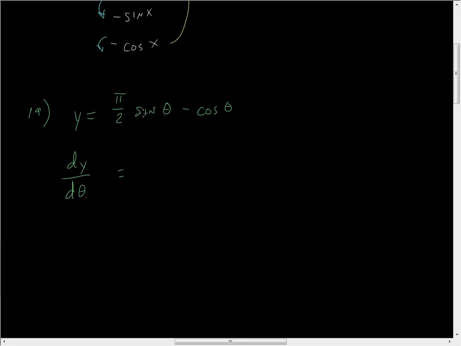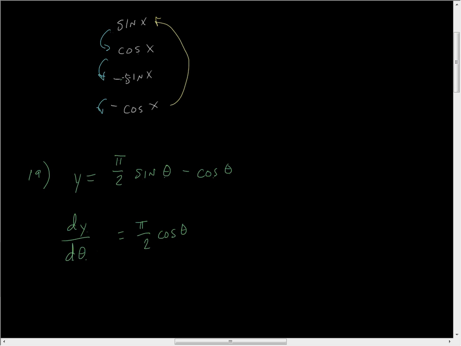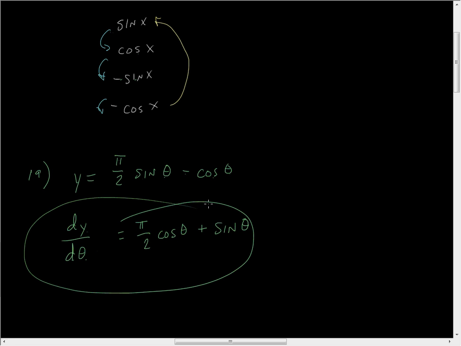The derivative of sine is cosine, so it's pi over 2 cosine theta. Now, minus the derivative of cosine theta. The derivative of cosine of theta is negative sine of theta. Subtracting a negative, we add sine of theta. Okay, so that incorporated your sum, your constant, and your trig functions for derivatives.